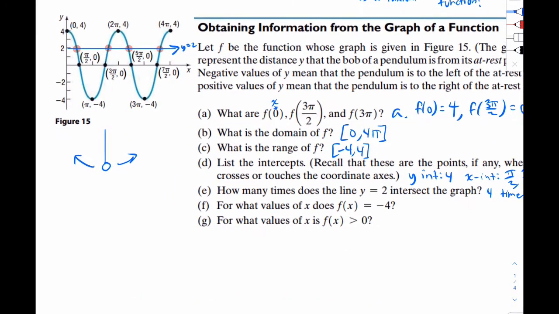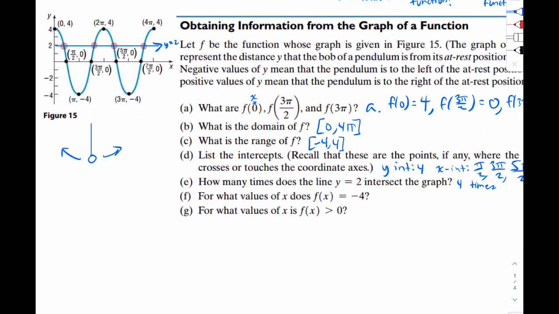For what values of x is f of x equal -4? This is saying if y is -4, what is x? So look for -4 right here. I can see x would be pi and 3 pi, since those are the x values here and here that produce -4.